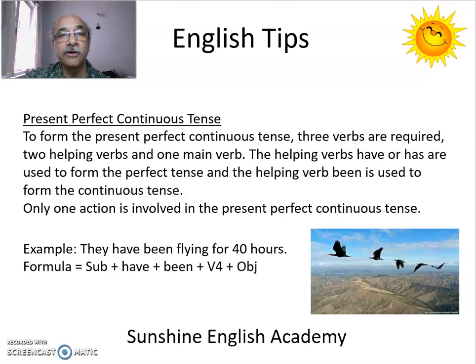No, it is not mentioned, but it is understood that they have been flying till now. Does the sentence mention till when they will continue flying? No, we know nothing about the future of that action. We don't know whether they will continue flying for another 40 hours or another 20 hours. Nothing. We don't know anything about the future.